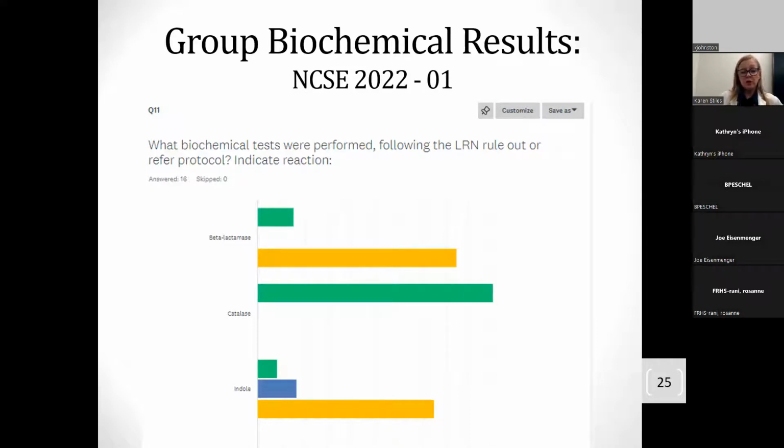And if you try to do everything, you could be misguided, and that will get you off track. So here, everybody felt that catalase was appropriate, and that it was positive for them. Indole, they said not appropriate.